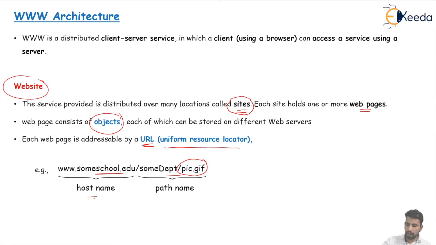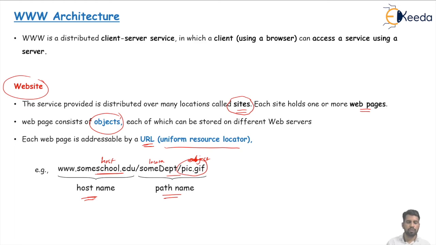This is the path name. Here this is the host, and this is the particular web page or object you want to access, and this complete thing makes a URL. URL is a combination of host name plus path name. The path defines where on the some school website this particular GIF picture is present, and this provides you the address.